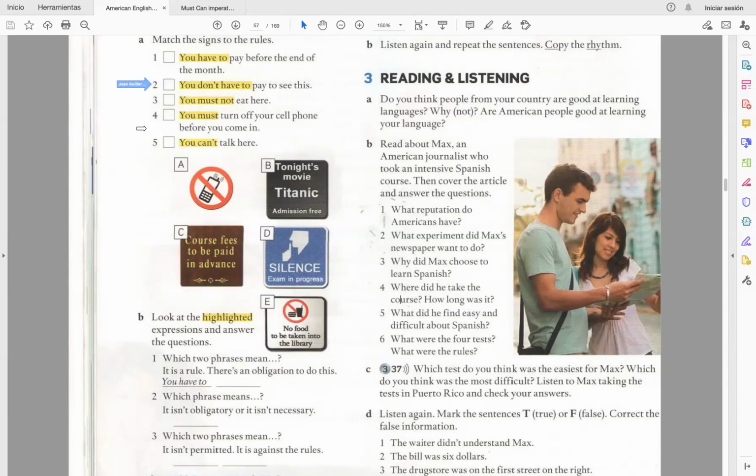Not exactly suggestion. When you use have to in negative form, it means it is not necessary. No es necesario. Okay? And why is it not necessary? Because the admission is free. Okay? So that is something you need to consider.